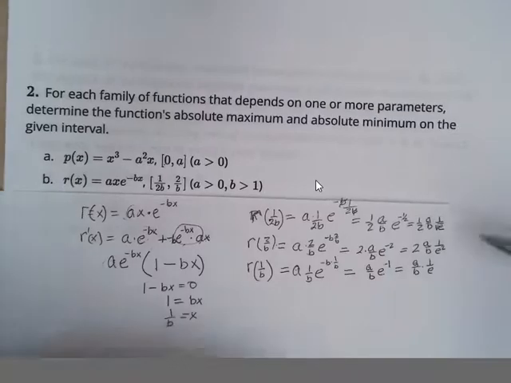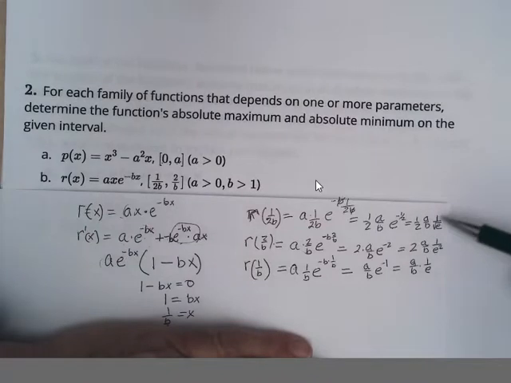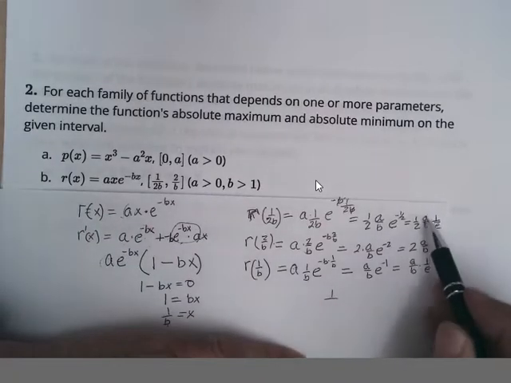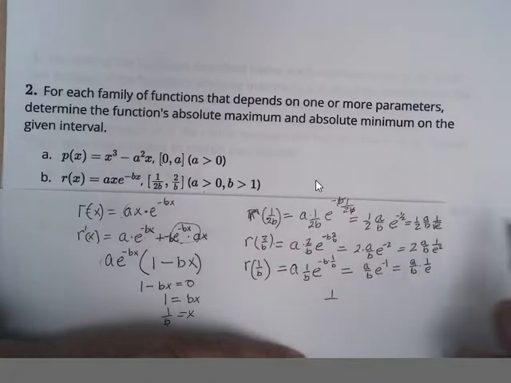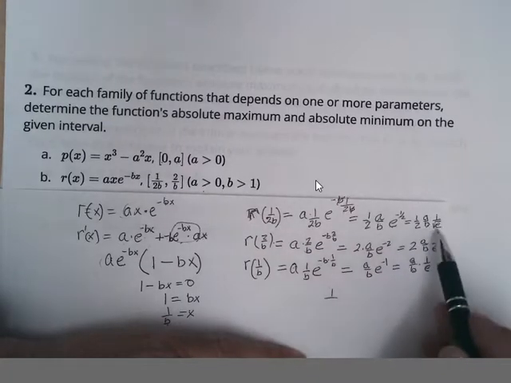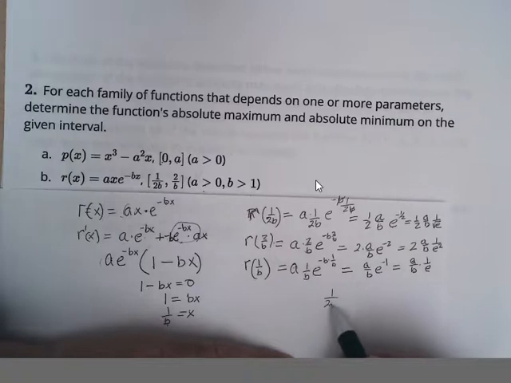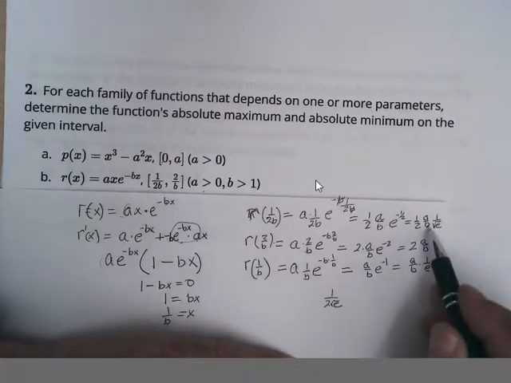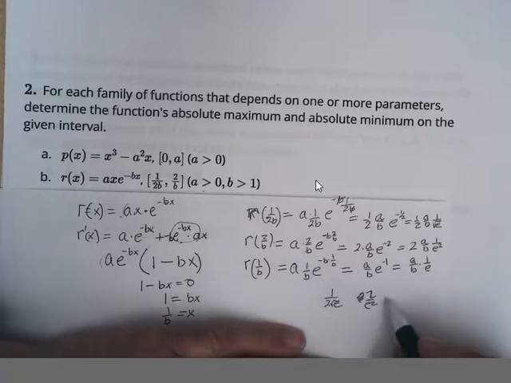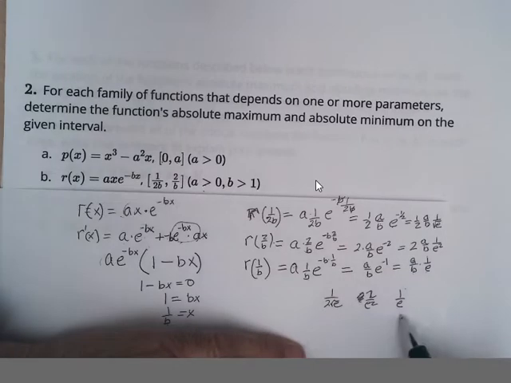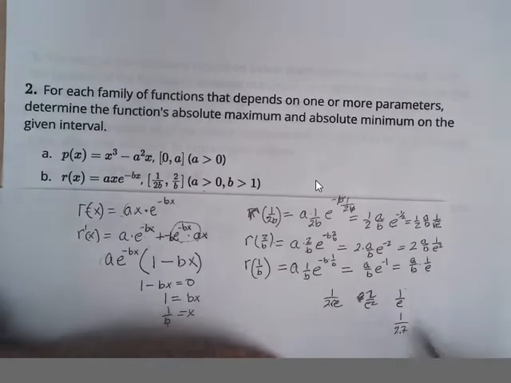Now, to determine which one of these is the largest, since a over b is in all of these and they're both positive, I have to decide whether 1 over 2 square root of e from the first one is larger or smaller than 2 times 1 over e squared, or 2 over e squared, or 1 over e. This is 1 over 2.7 approximately.